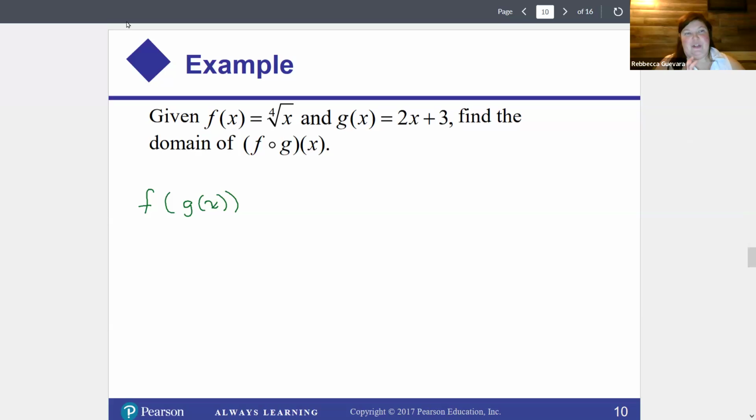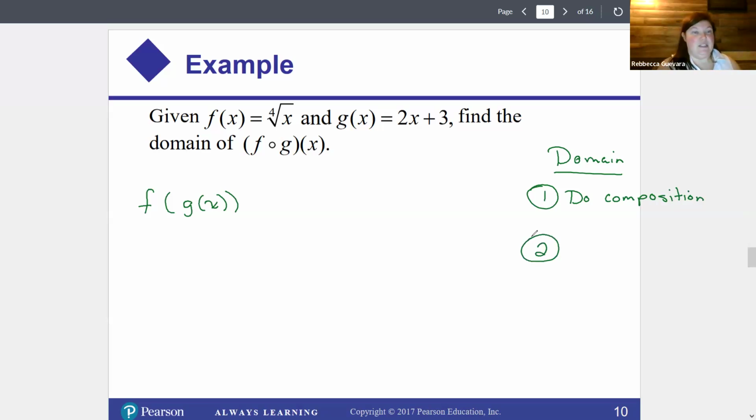So just some things that'll make this a little easier is that we are going to search for the domain by doing the composition. So taking some of the thinking out of it.